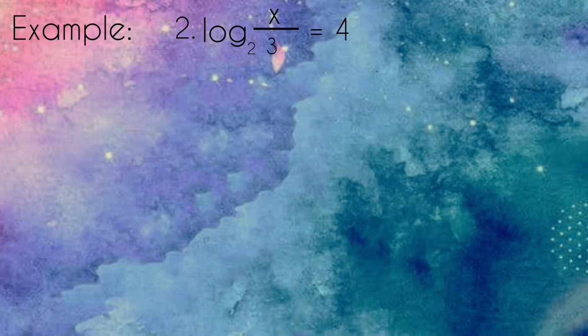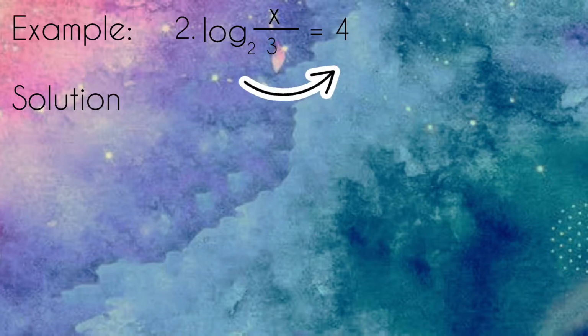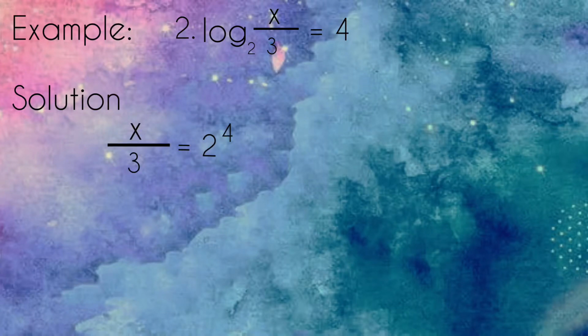Here is the given: logarithm of x over 3 base 2 is equal to 4. So, the first step is to arrange the given. It is written as x over 3 is equal to 2 raised to 4. The second step is to get the answer of 2 raised to 4, which is 16.